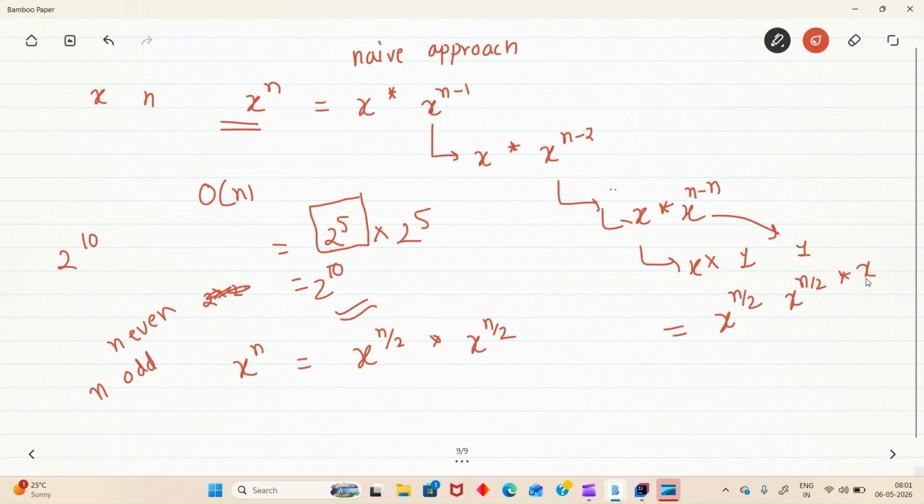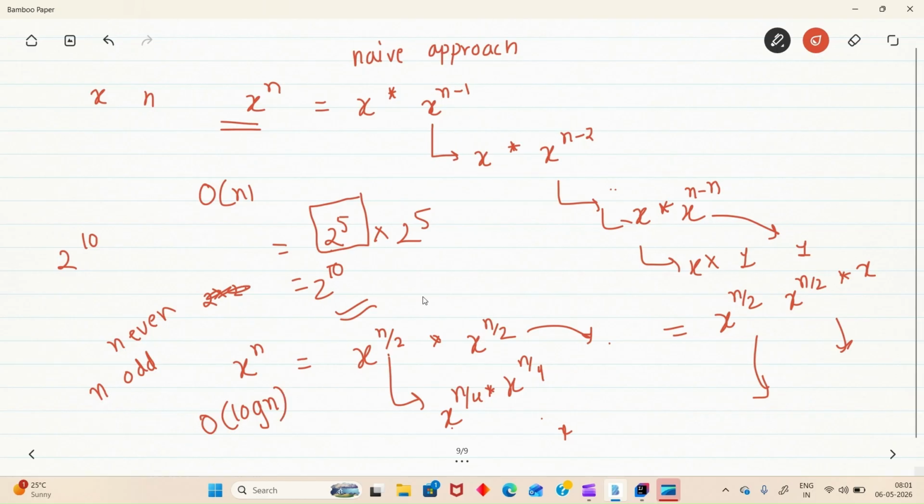Again we do this for n by 2, x of n by 4 into x of n by 4, and at the end we'll get x into 1 or something like this. So that's how we reduced from O of n to O of log n.